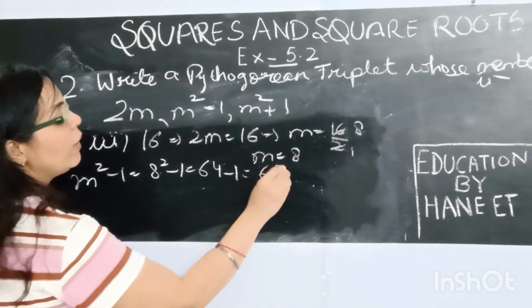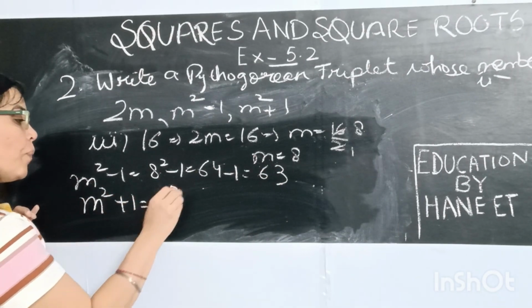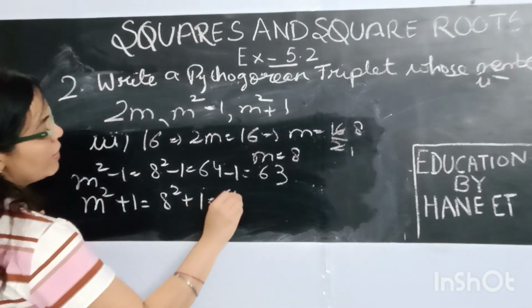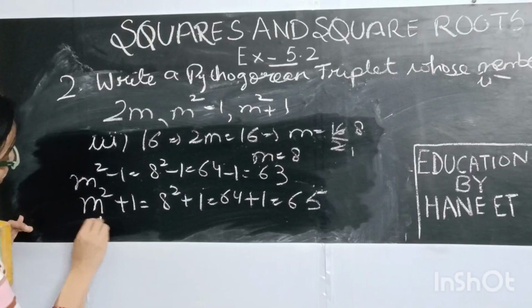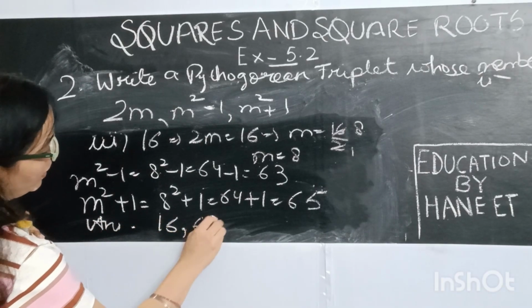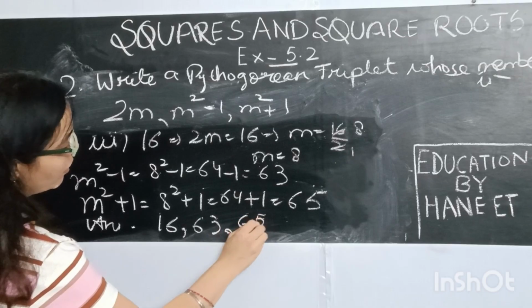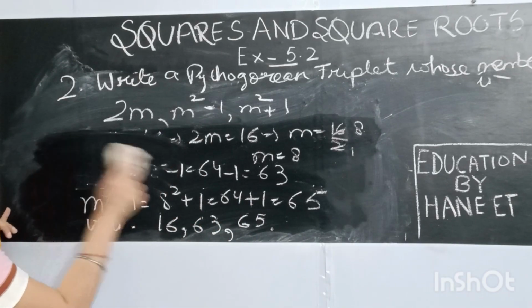That will be 63. The third number, m square plus 1. 8 square plus 1. 64 plus 1, which will be 65. So the answer is 16, 63 and 65, right? Now the fourth part.